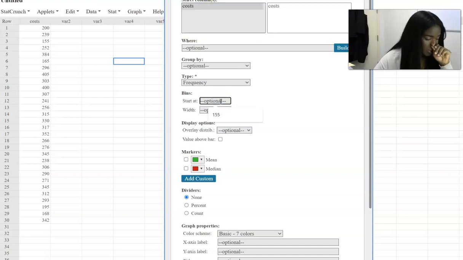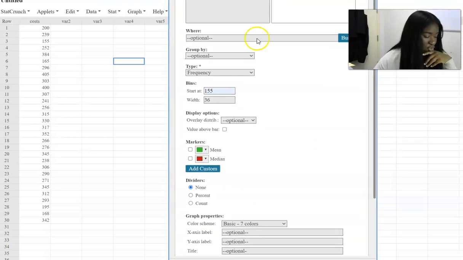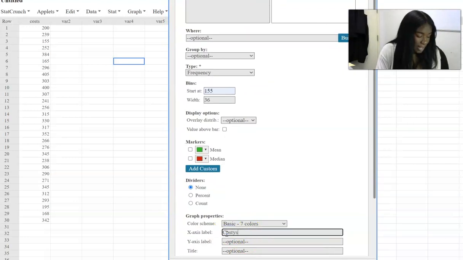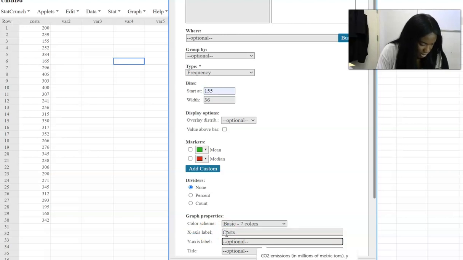I'm going to start at 155. That was our minimum data value. And remember, our class width was 36. So I'm going to choose 36 there. I'm going to make sure to give my x-axis a label. I'm going to label my x-axis cost, and I'm also going to label my y-axis frequency, which is not spelled correctly.